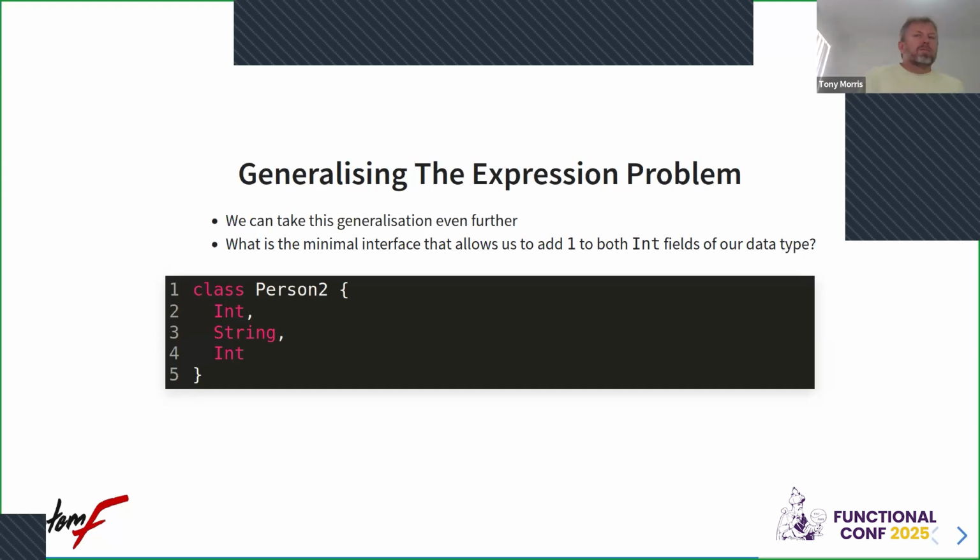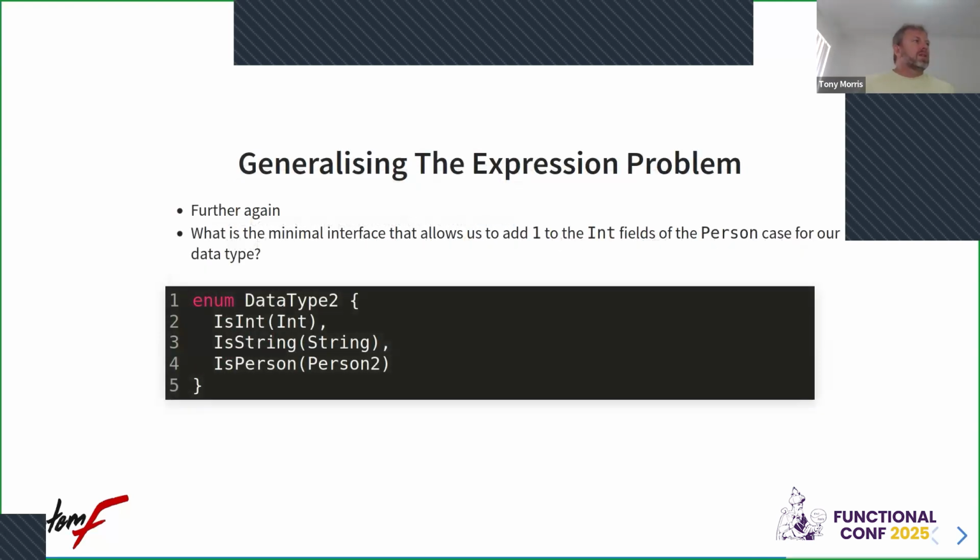So yeah, we want to be able to add 1 to both int fields of the data type, just as a particular example of a function we might want to write over the data type. And further again, if we have a look at this data type 2, again defined by cases, integer or a string, but in this case, or a person.